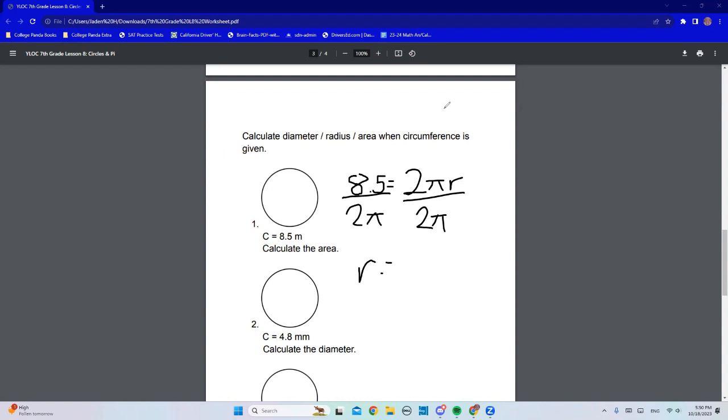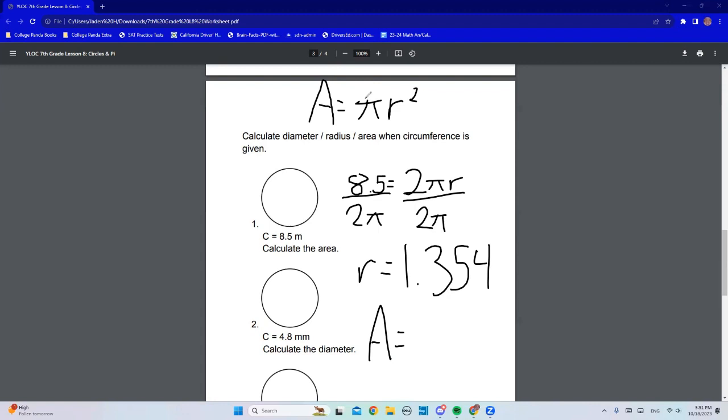So r would equal, and let me just save you some time here, 8.5 divided by 6.28. So r would be around 1.354. Now to find the area, if you remember correctly, the formula for an area is pi r squared. So let's just plug it in. A equals pi times 1.354 squared.